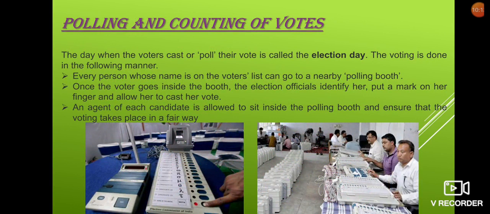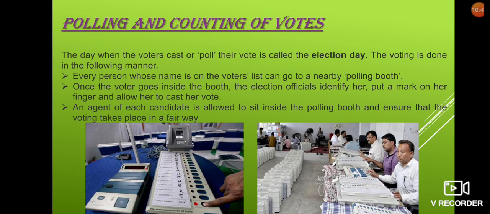The next topic is the polling and counting of votes. After the election campaign, the day comes for polling the votes. The day when the voters cast or poll their vote is called the election day. The voting is done in the following manner. Every person whose name is on the voters list can go to the nearby polling booth.